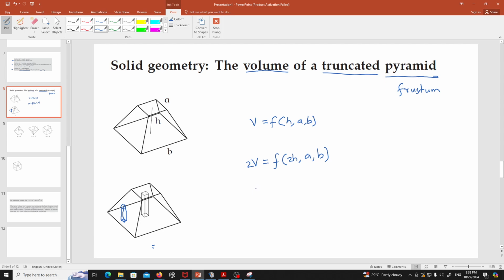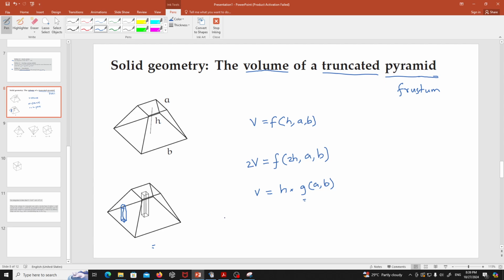If the volume is proportional to height, so instead of writing like this, what we can do is we can write v is equal to h into some g of a comma b. Okay, now instead of identifying this function f, all we have to do is identify this function g, which is with only two variables.